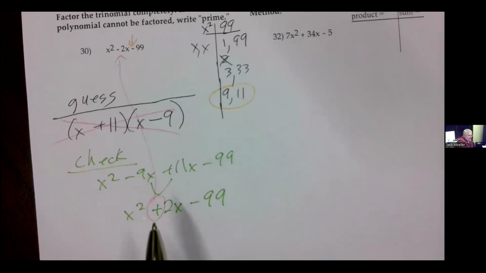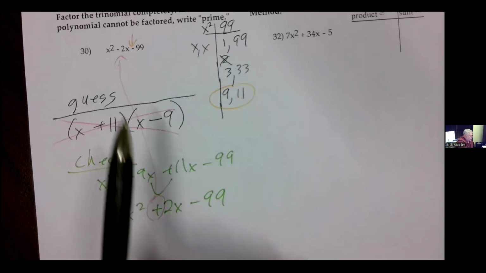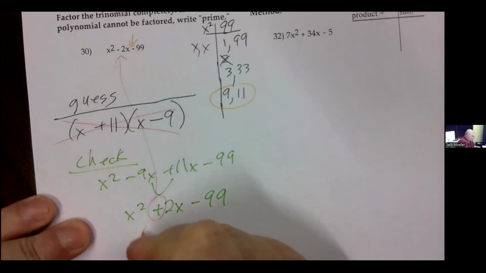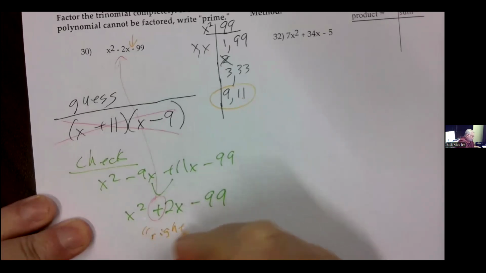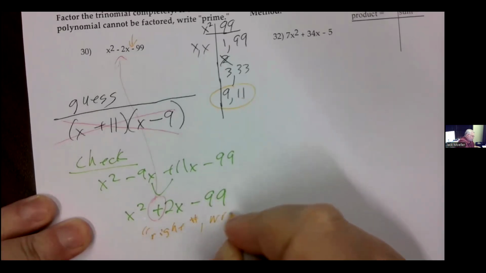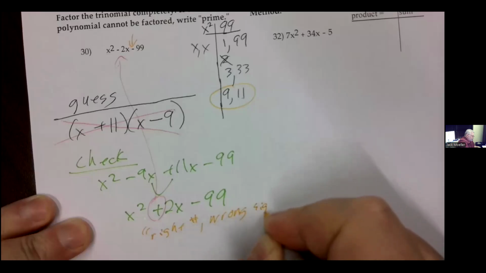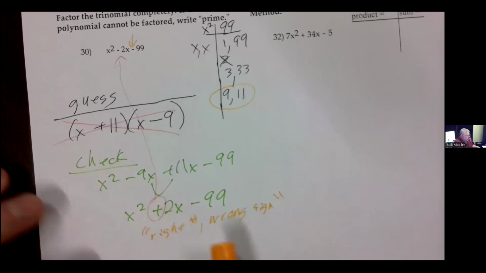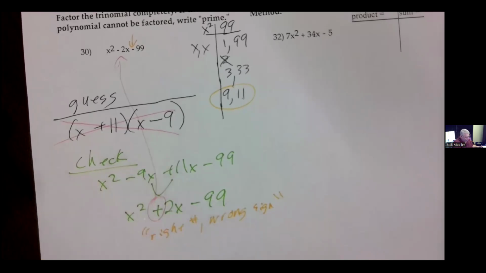However, this isn't a bad result because we want a negative 2, we got a positive 2. So this is what I call the right number, wrong sign. That means we're close to the answer. If that was a 7 or an 8 or a 20, then that's definitely a wrong number. So we're not even in the ballpark yet.